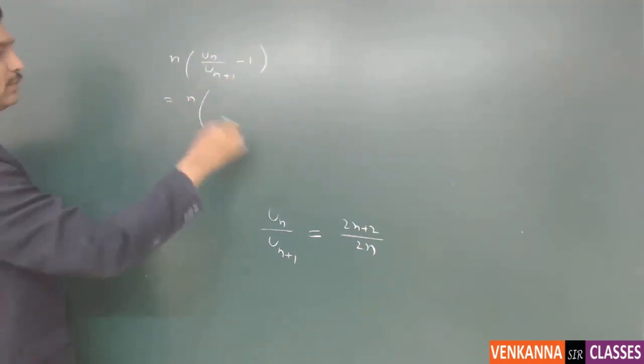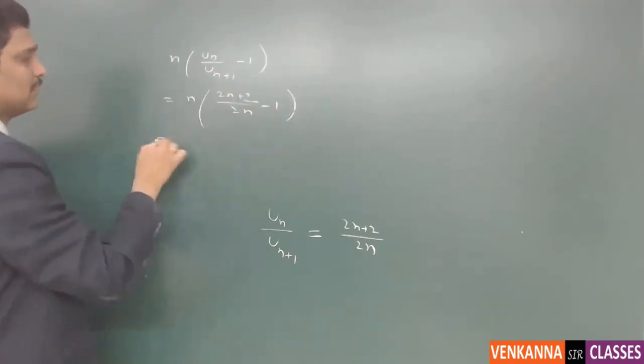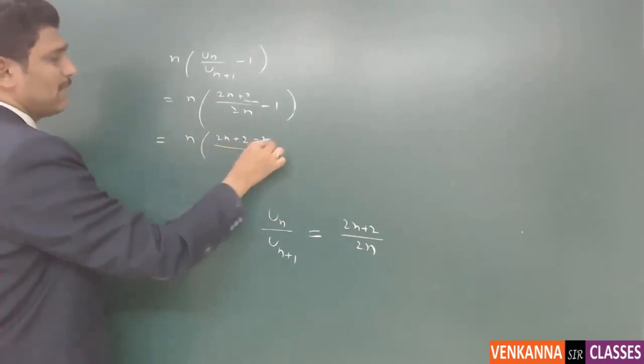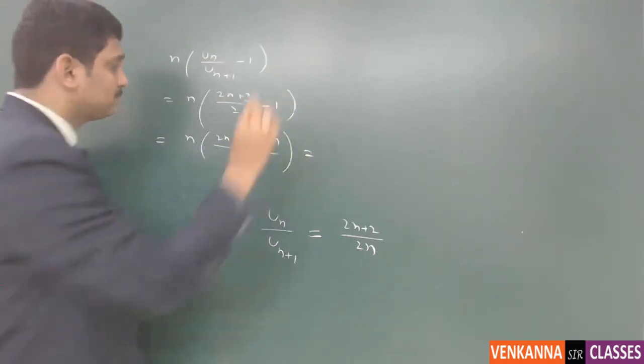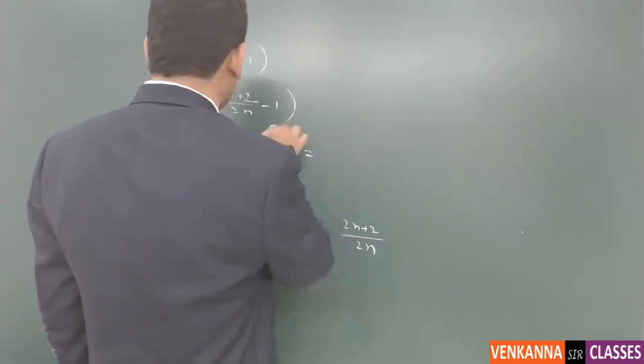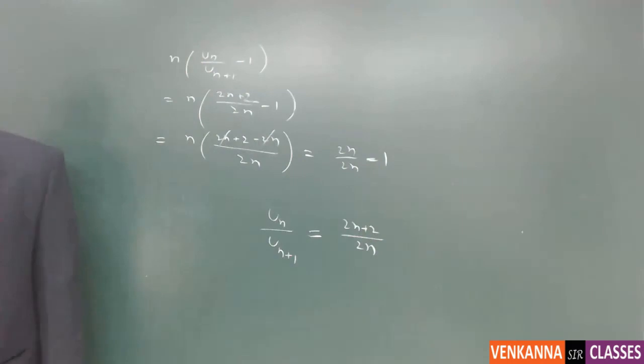So n into 2n plus 2 by 2n minus 1 is equal to n into 2n plus 2 minus 2n by 2n. This equals to, 2n gets cancelled. Accepted. N into un by un plus 1 minus 1, the condition of Rabi's test. Yes. All of you agree?